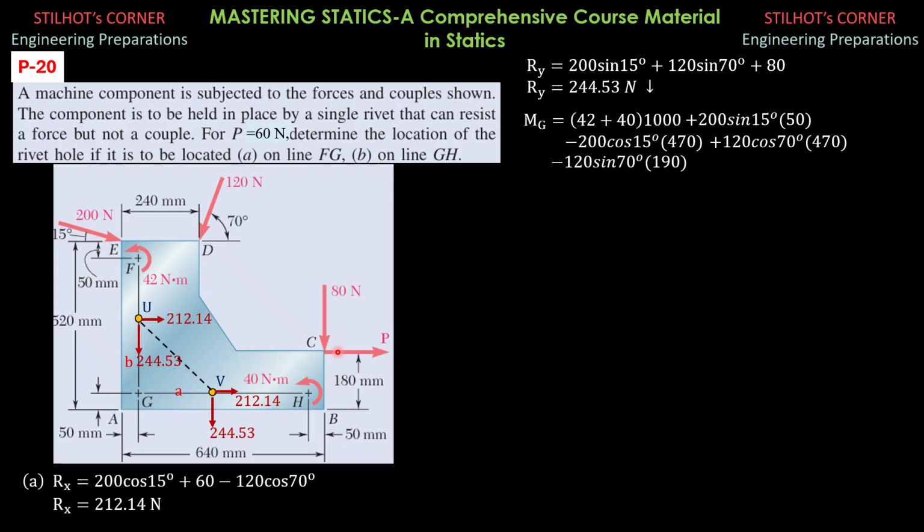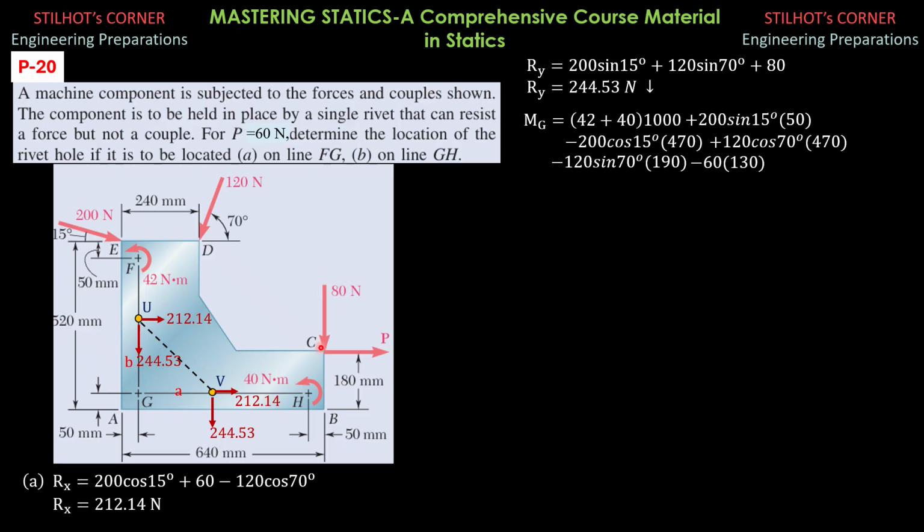Then for this P here, it's clockwise, so minus P, which is 60, and the moment arm is 130, not 180. 180 minus 50, that's 130. So minus 60 times 130.